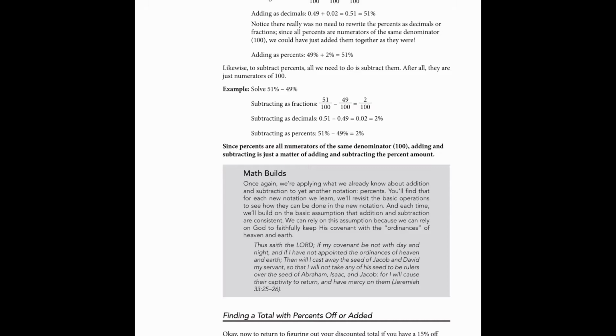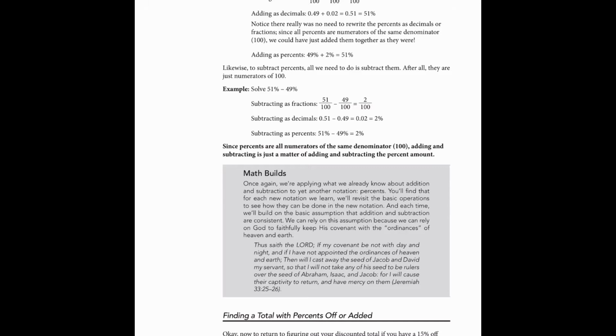If you add as decimals, you would have to convert everything to a decimal, which we know is just adding a 0 and then the decimal and then putting the number after it. So 0.49 plus 0.02 equals 0.51.